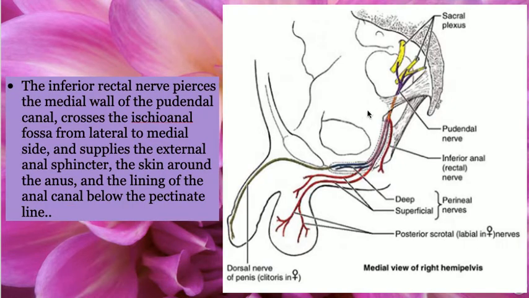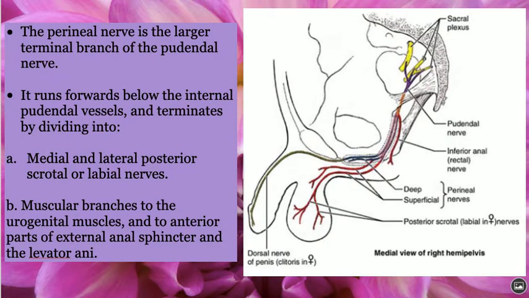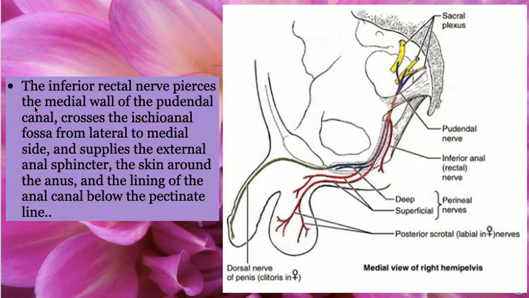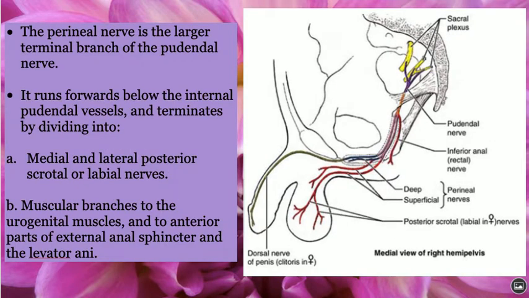The inferior rectal nerve pierces the medial wall of the pudendal canal, crossing the ischioanal fossa from the lateral to the medial side, supplying the external anal sphincter, the skin around the anus, and the lining of the anal canal below the pectinate line. This inferior rectal nerve we have seen and read about in the ischioanal fossa as well.